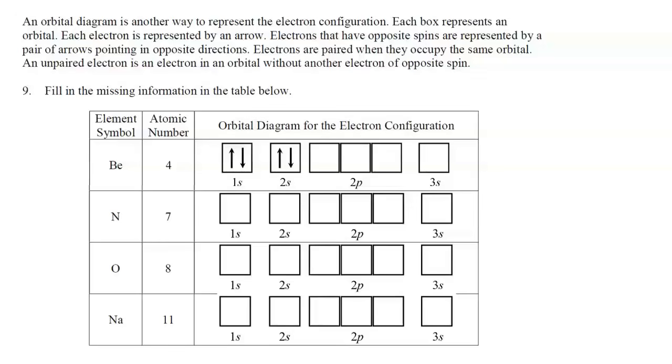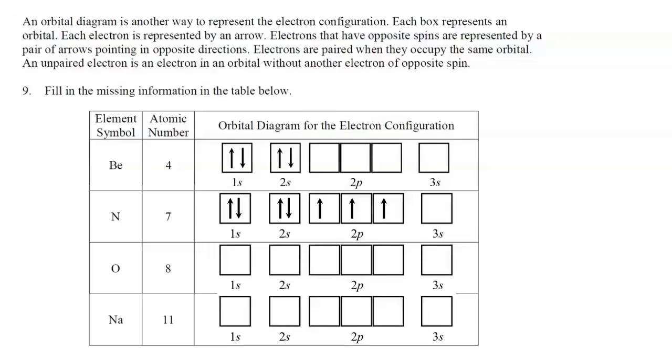And so for nitrogen, that would be 7 electrons total. 1s2, 2s2, and then we have the last 3 electrons in separate boxes, separate 2p orbitals, and that's according to something called Hund's rule, which says that each of the orbitals on the same sublevel must have a single electron before they get a second electron. So this is the electron configuration of nitrogen.